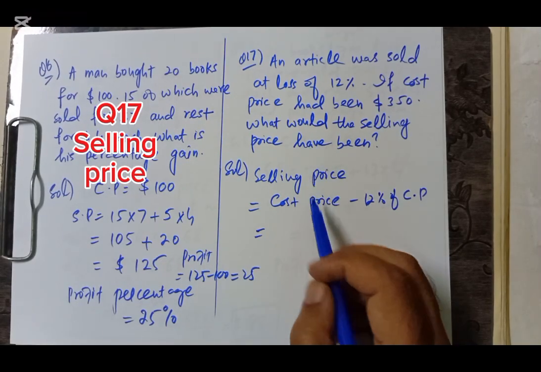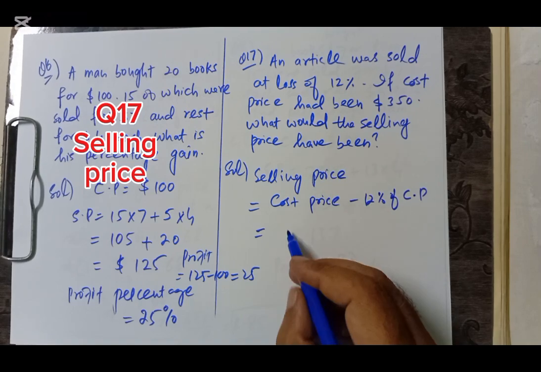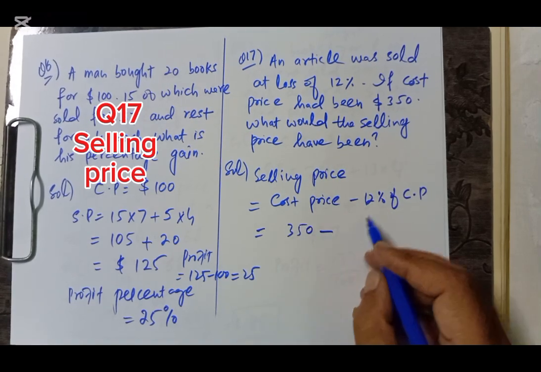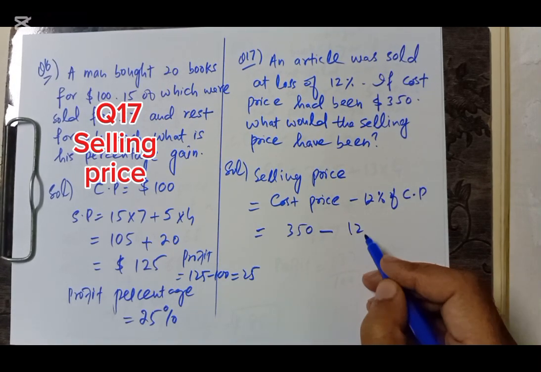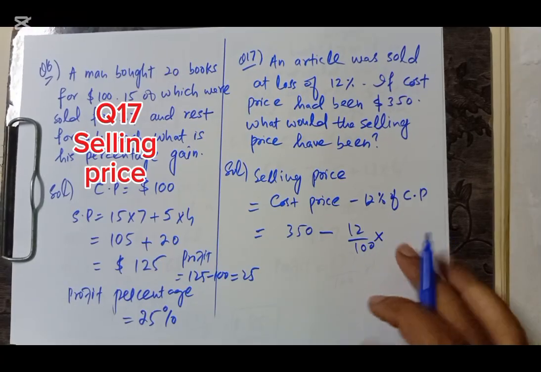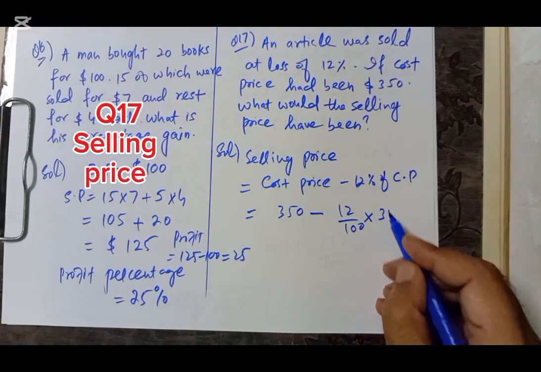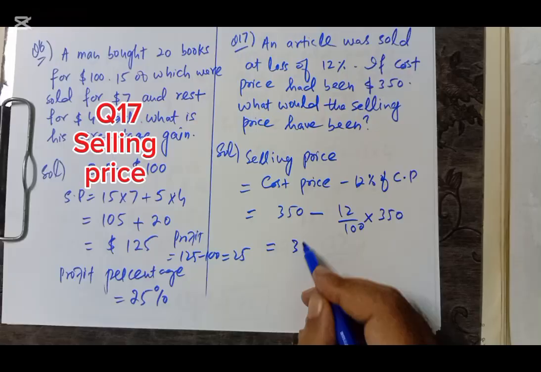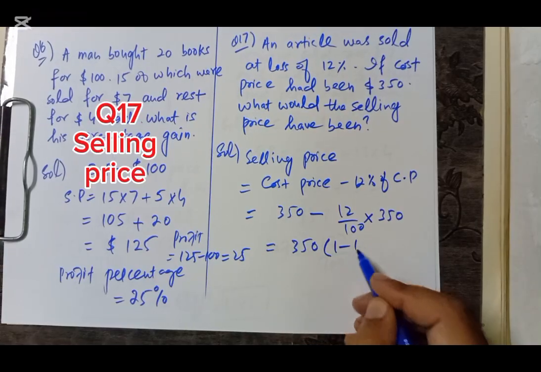So the cost price is 350, and 12%, 12 upon 100 multiplied by cost price 350. 350 can be taken common. 1 minus 12 upon 100.